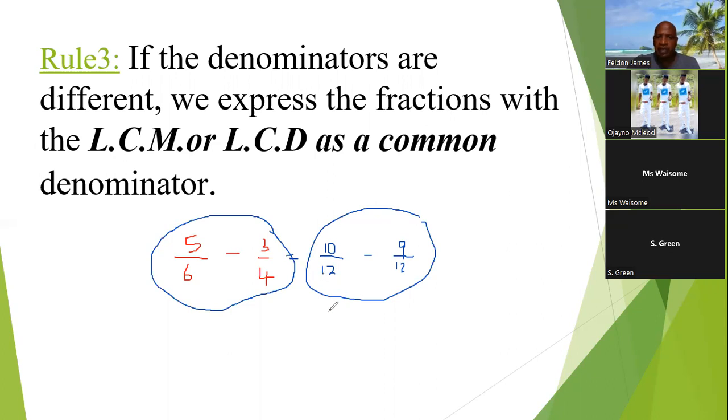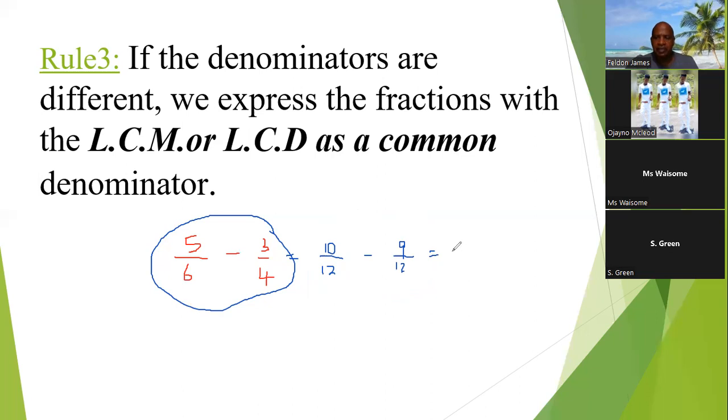But because of the rule, we cannot subtract fractions when their denominators are different. That means you have to write them in an equivalent form where the denominators are the same. So when we write them with the denominator 12, the equivalent to this would be 10/12, and the equivalent to this would be 9/12. Now that they have the same denominator, now we can subtract them. And so we would say what? 9 from 10 gives you what?